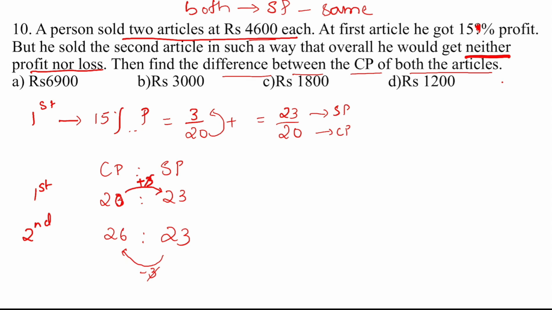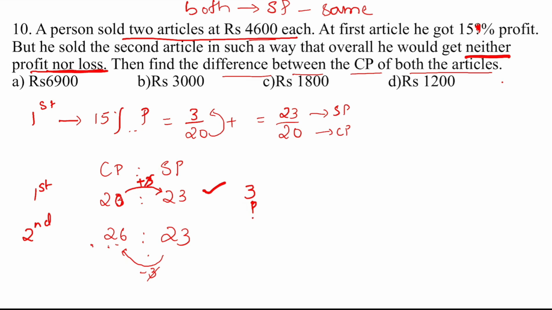So see here, from the first article he is gaining 3 parts, but we have to satisfy the condition of neither profit nor loss. We have to adjust it in the second article, but here it is profit. So I have to make the cost price more here.